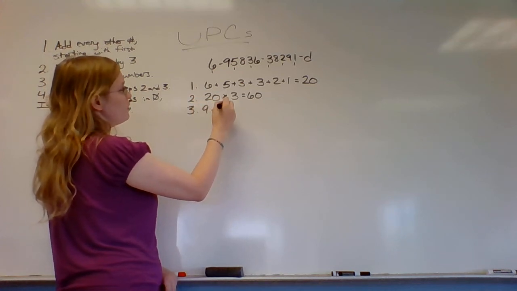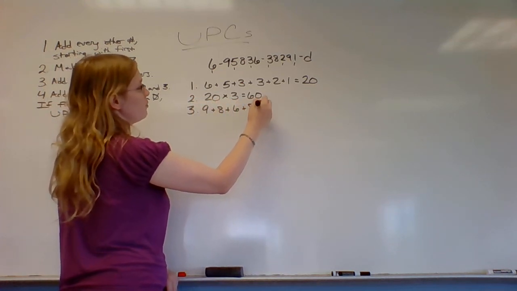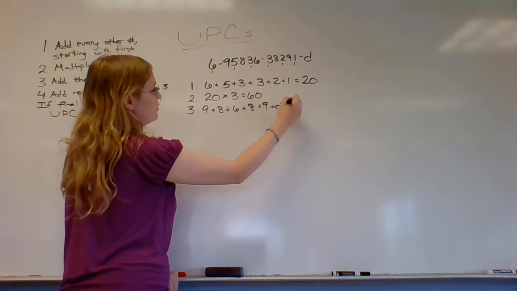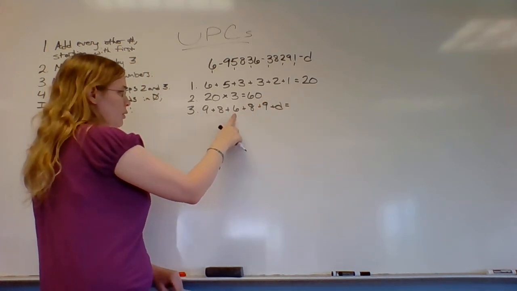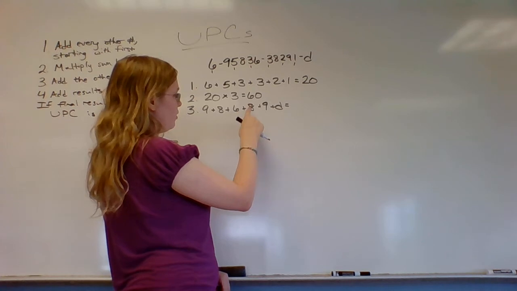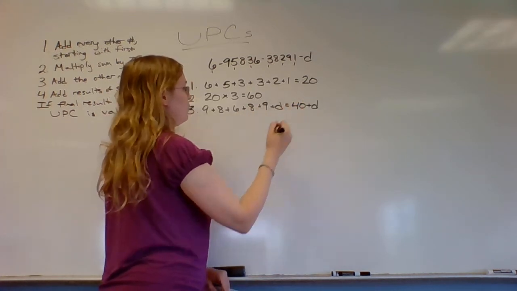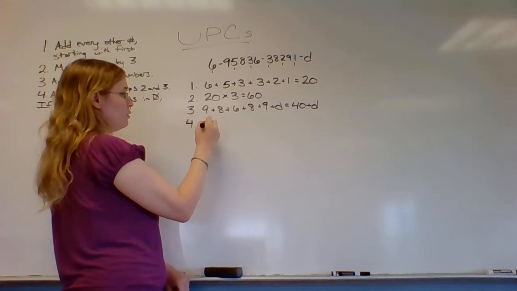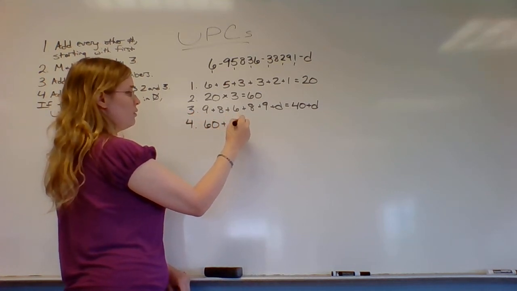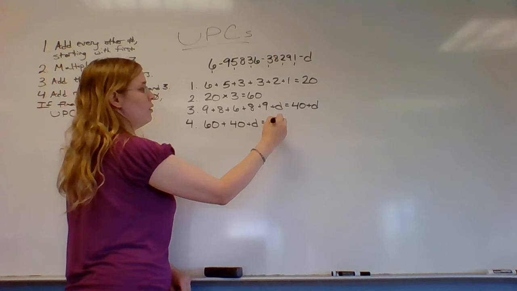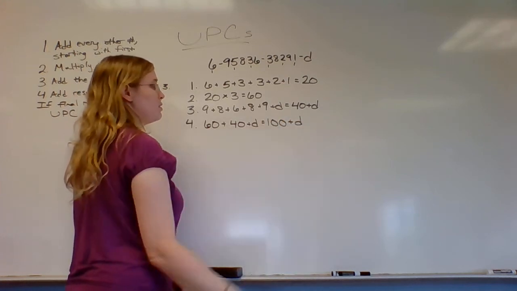Add the other numbers, 9 plus 8 plus 6 plus 8 plus 9 plus D equals 17, 23, 31, 40. 60 plus 40 plus D is 100 plus D.